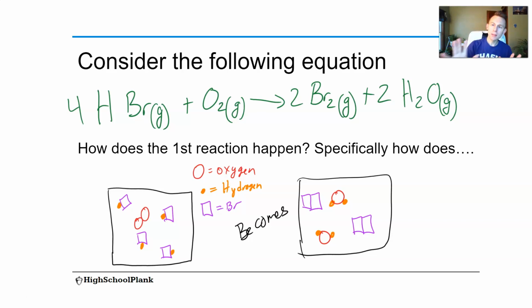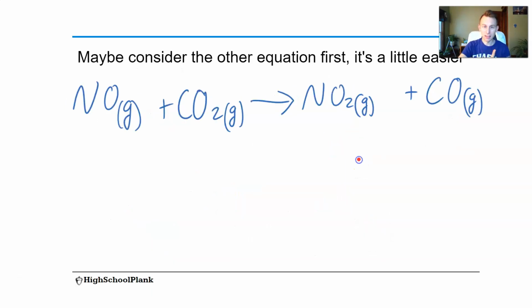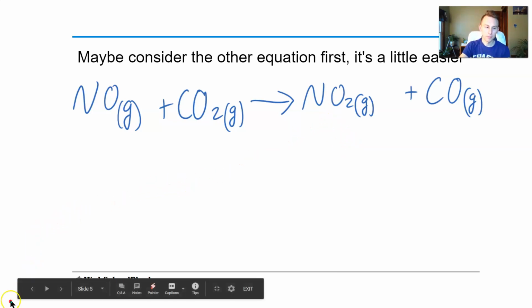And so maybe before we get too crazy, because the actual mechanism in which this occurs is a little complicated, instead, let's go to this one. In this case, we only have 2 molecules on the left, and that becomes 2 molecules on the right. And so feel free to pause now, but I'm going to go over and show the particle diagram for this, and even some Lewis structures to maybe help you visualize this a little bit better.